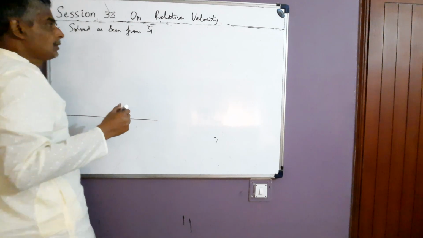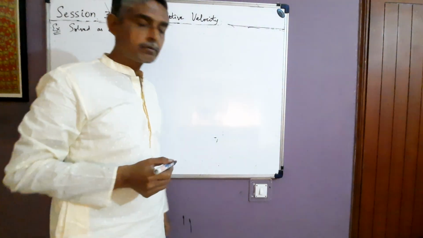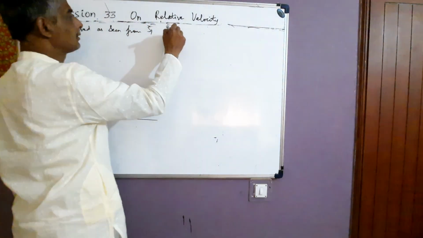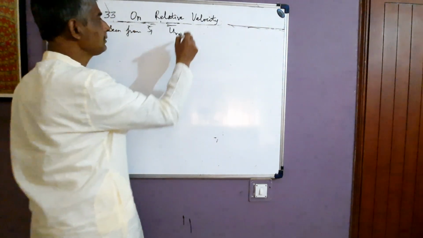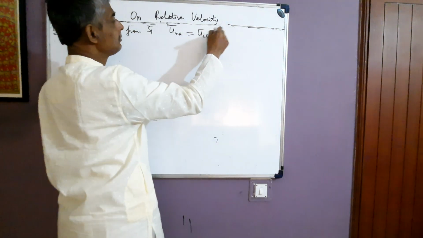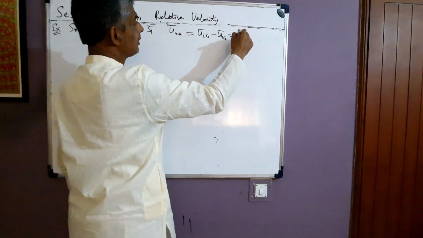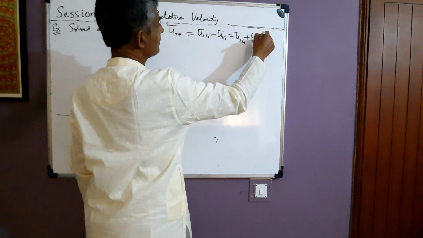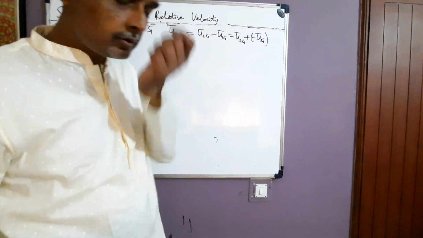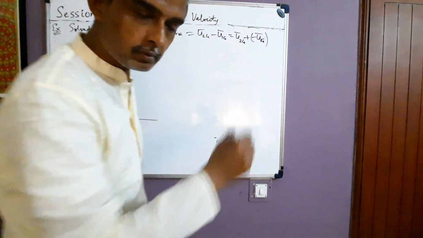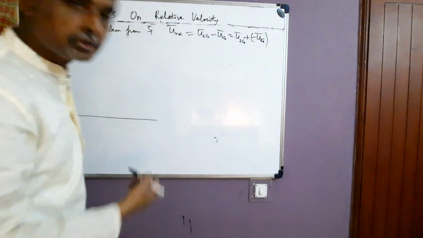So what we have to first do is that we have to first find u relative. u relative is the initial relative velocity of S2 with respect to S1. That is just u2g minus u1g, that is just u2g plus reverse of u1g. So here I am solving the problem without resolution, without breaking into x, y components directly. Okay, I'll also solve the problem with resolution after this.